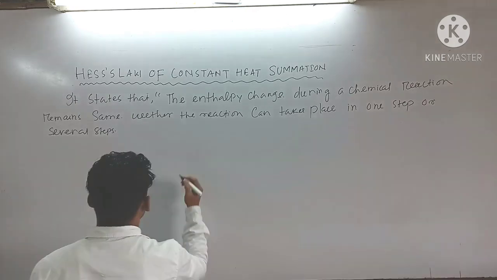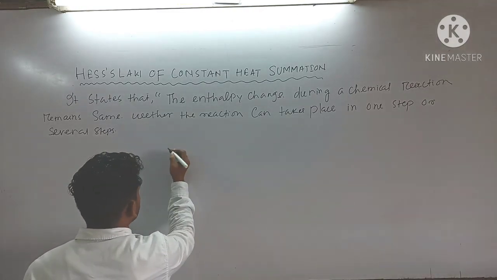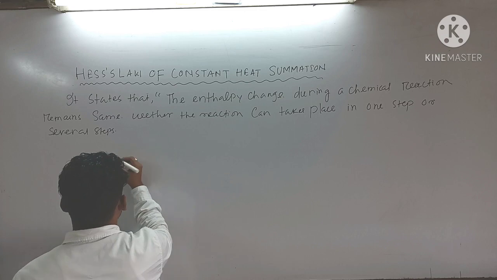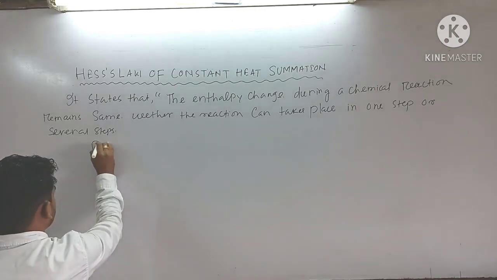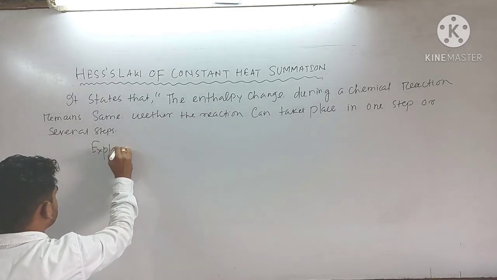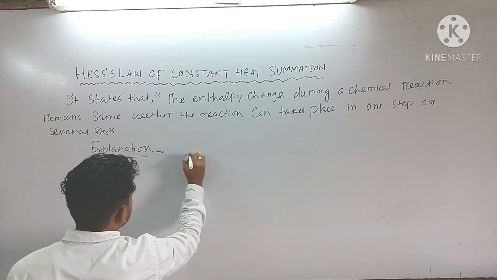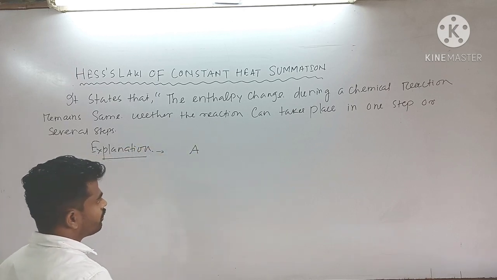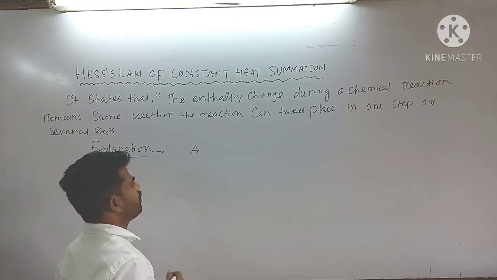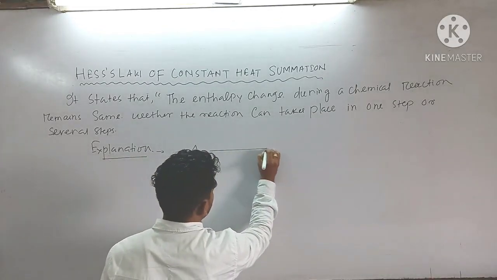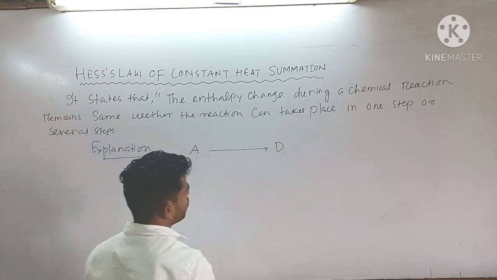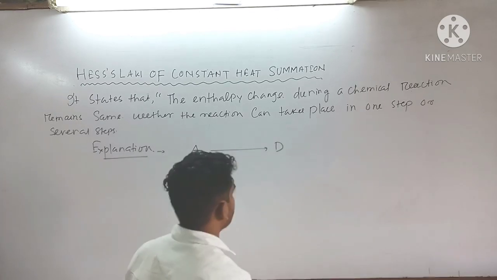Suppose a chemical reaction, for example, in explanation I can write, suppose a reactant A, any reaction I am considering, a reactant A gets converted into D in a single step.